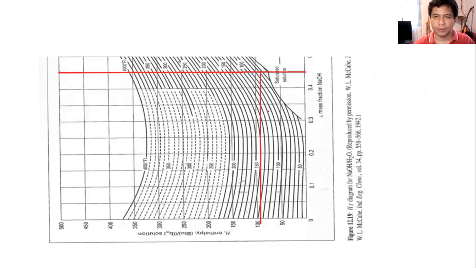So this is 45%. Tapos, the temperature is 70. So this is 50. Tapos 60, 70. Ito yung 70, i-trace nyo lang hanggang dun. So yun yung 70 degrees Fahrenheit. Tapos basahin nyo yung enthalpy dito. So between 50 and 100, 60, 70, 80, 90.